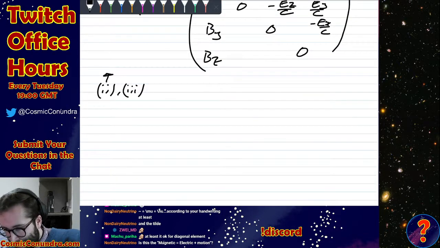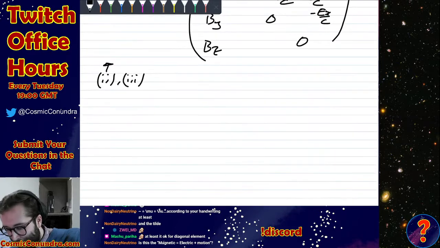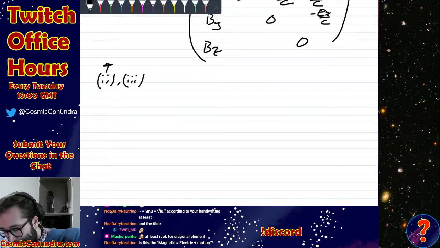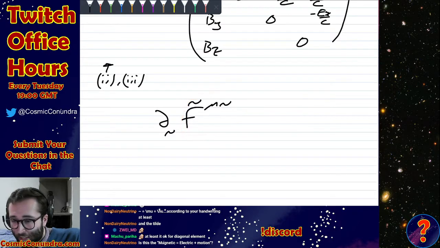So the point is, from this apparent duality, that these equations are very similar when you swap B and minus E, I'm going to argue that the other two Maxwell equations I can write in this way, where this tensor, remember, is the same as the original field tensor, but with B swapped out for minus E, and so on.